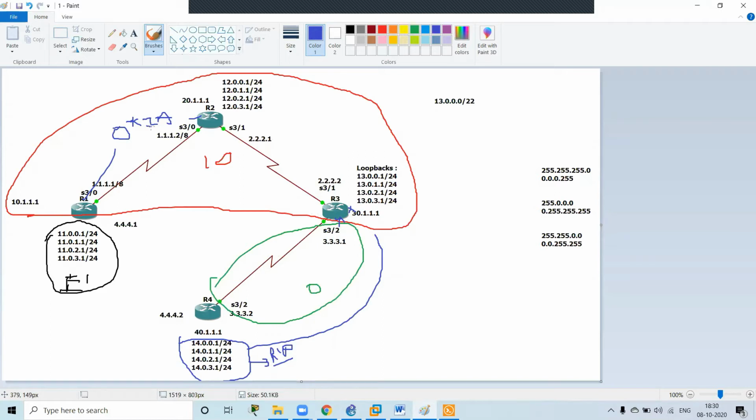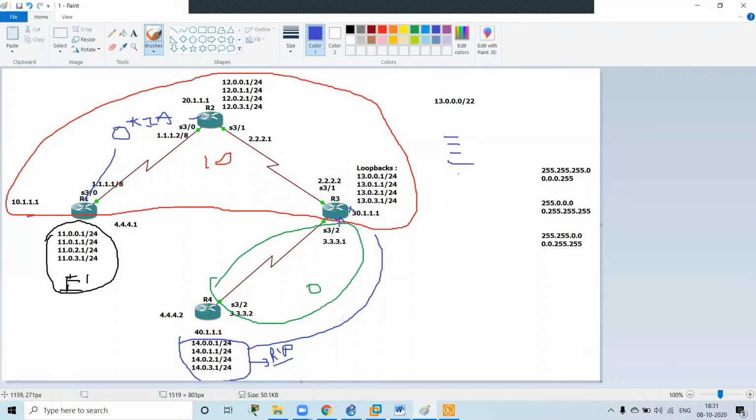Understood? Just on the area border routers, R1 and R3, when you make it a stub? You have to configure it on all the routers within the area, give the command on all the routers.